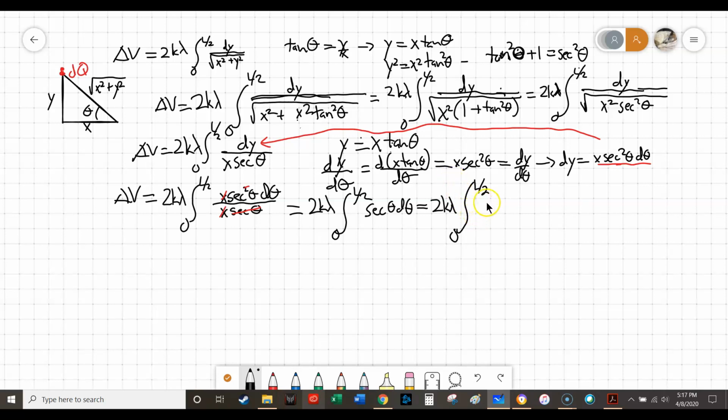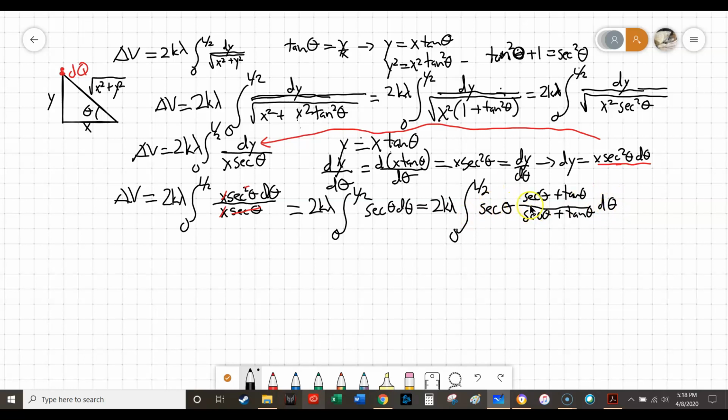To set up the U substitution, I'm going to multiply secant of theta by secant of theta plus tangent of theta all over secant of theta plus tangent of theta.